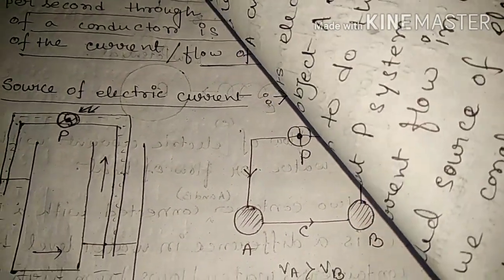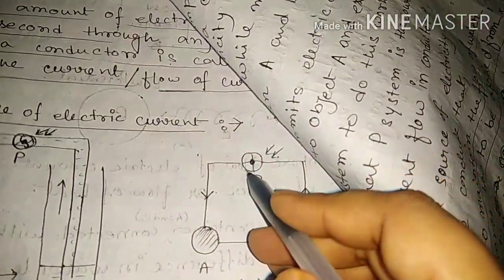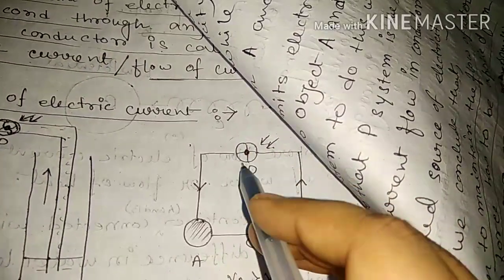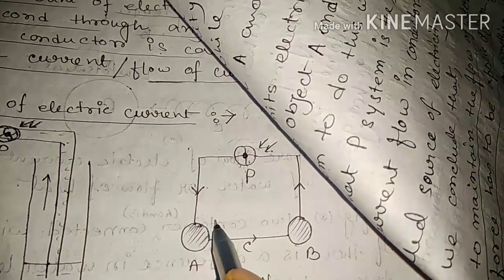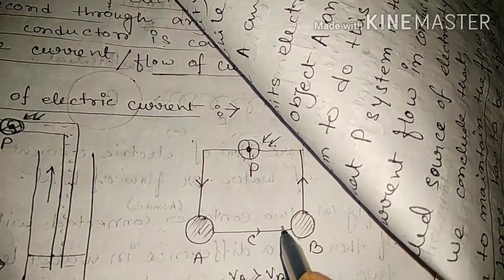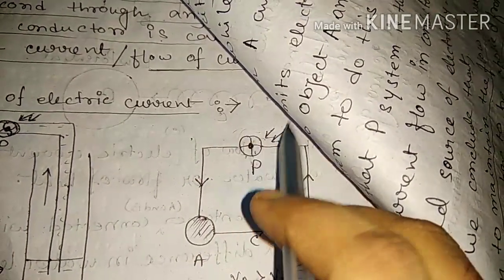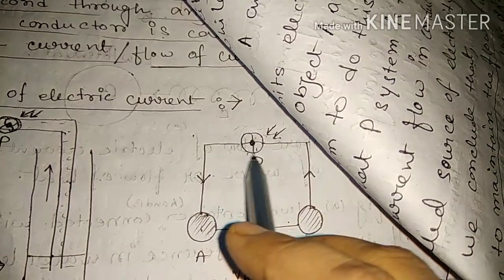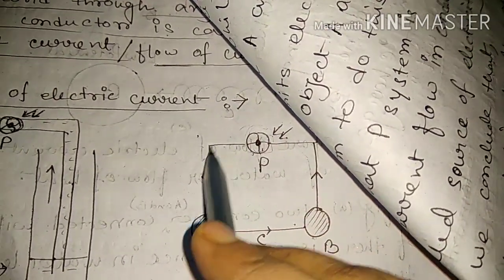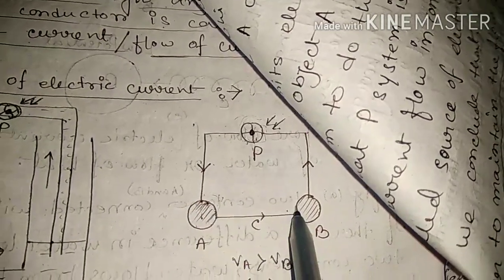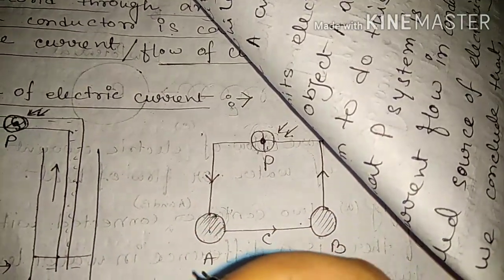This is an internal circuit where external energy, which operates this pump or cell or battery, is converted into electrical energy, and then the electrical energy is converted into another form of energy, either heat energy, light energy, or mechanical energy.